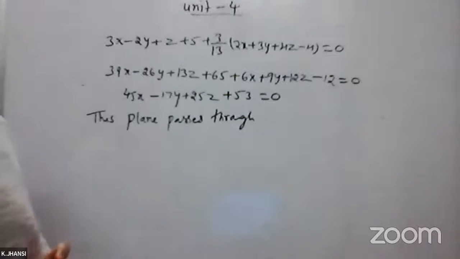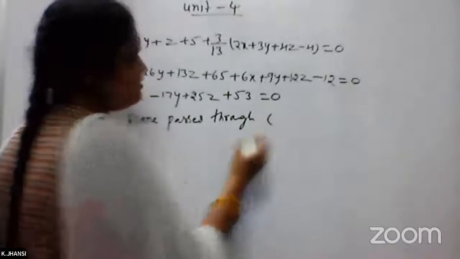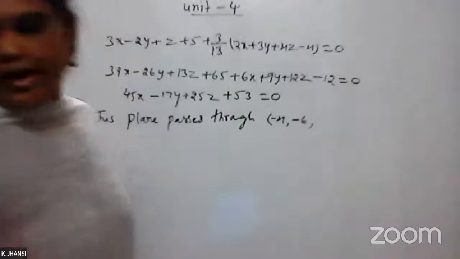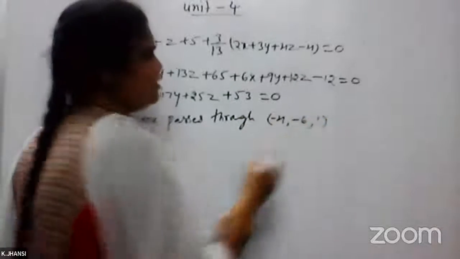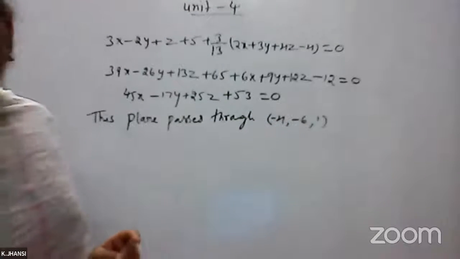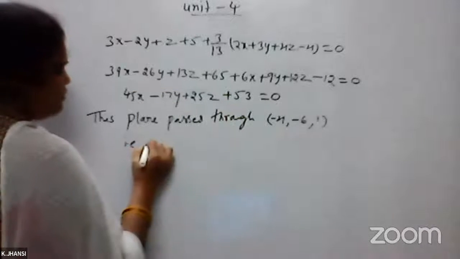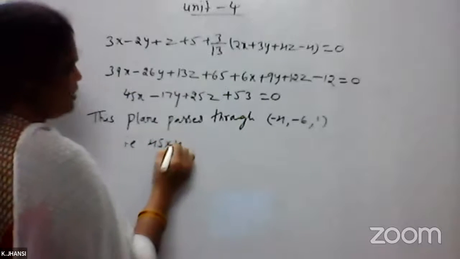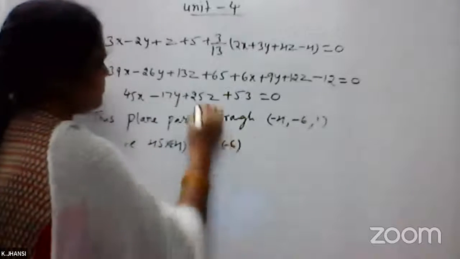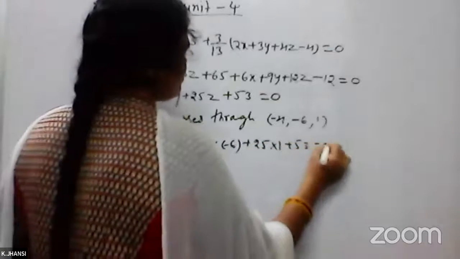So what are x1, y1, z1 values? You see, the plane passes through minus 4, minus 6, and z value is 1. Okay. So the plane passes through this point. So you substitute: 45 into minus 4, minus 17 into minus 6, plus 25 into 1 plus 53 equals 0.